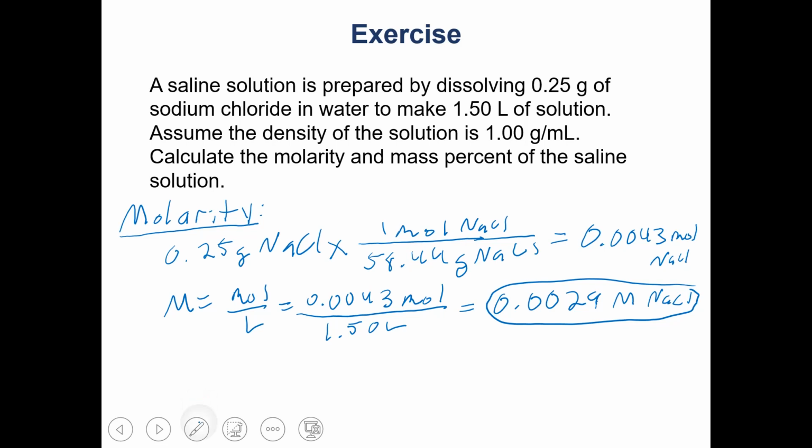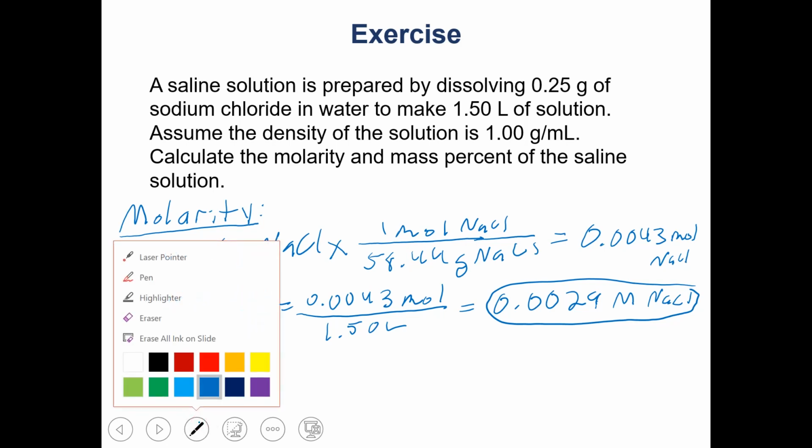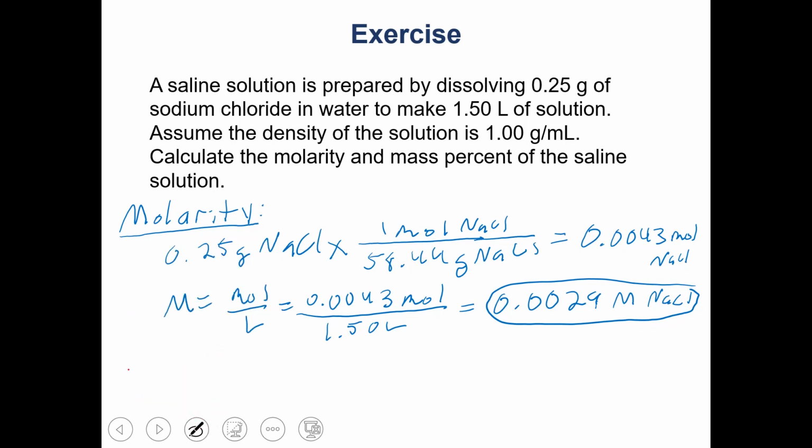Now to calculate the mass percent, we have to convert liters into grams. And we're given the density of the solution. We're assuming it's 1 gram per milliliter.